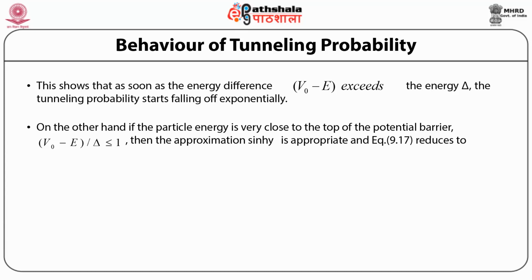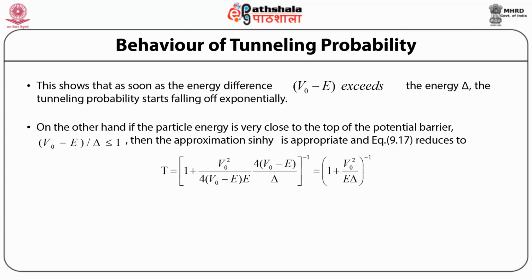Then the approximation of sinh y is appropriate and equation 17 reduces to T is equal to inverse of 1 plus V naught square by 4 times (V naught minus E) into 4 times (V naught minus E) by delta. This is equal to inverse of 1 plus V naught square by E into delta.